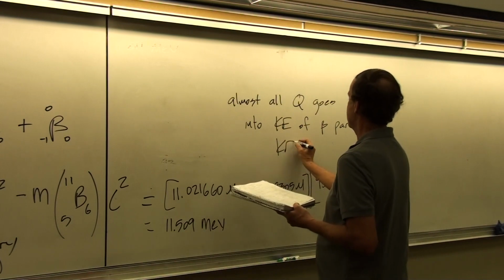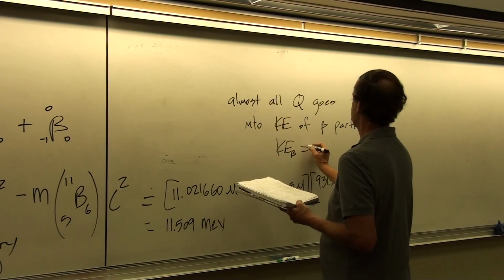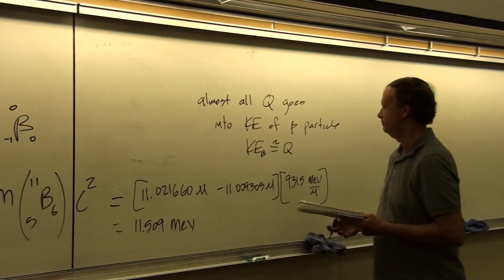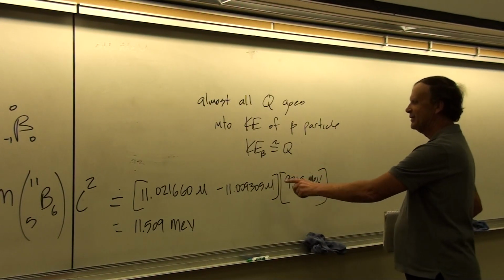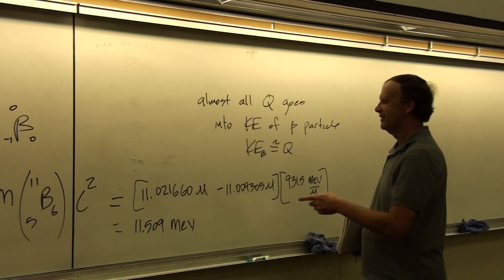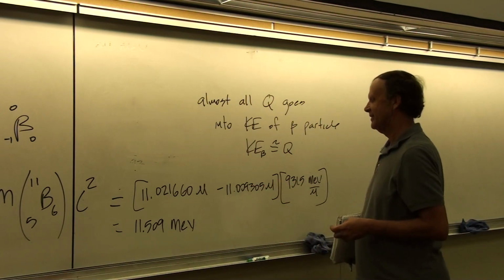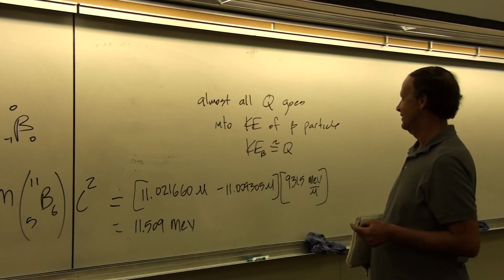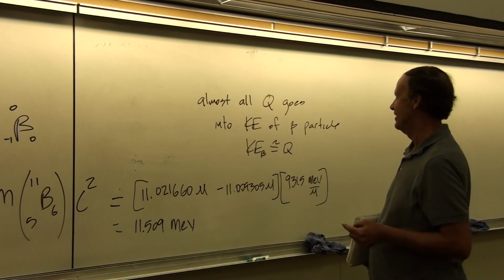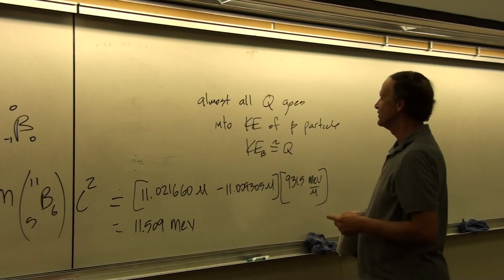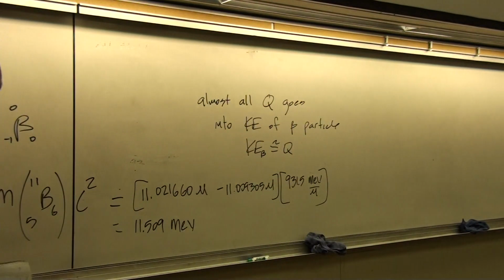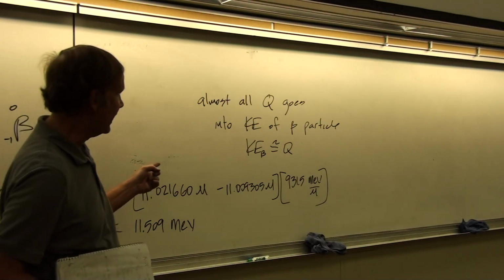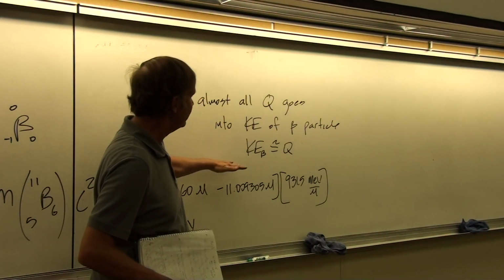So we can call this Ke beta. It's approximately equal to Q. Because here, the difference in mass between the beta particle and the nucleus is essentially 1. So it's almost 100% of the energy goes into the beta, whereas something like 98, 99% of the energy went into the alpha particle during an alpha decay process.